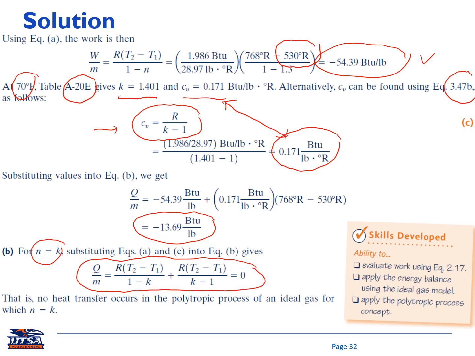So for n equal to k, Q equal to 0. What does this mean? It means that for a polytropic process where n equal to k, the process occurs under adiabatic condition. So there is no heat transfer.